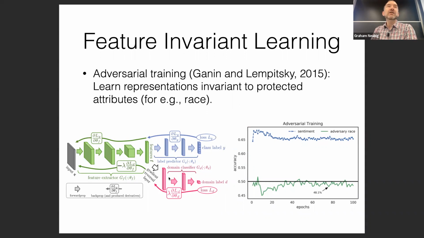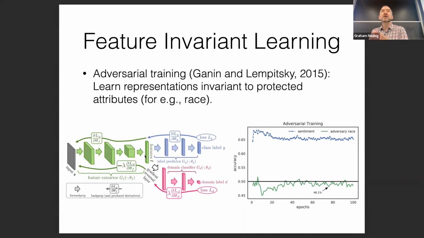Basically you can take an adversarial learning approach where you train a model that predicts the class label, and you optimize the representations of the model so that the class label is predicted accurately. Then you also train an adversarial classifier to predict the protected attributes, but you reverse the gradient of the attribute classifier to make it so that it's not possible to predict the protected attribute from the features of the model.